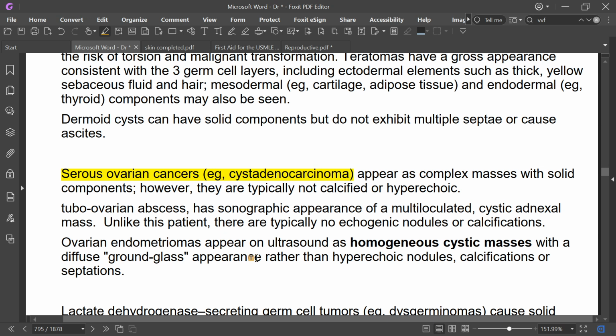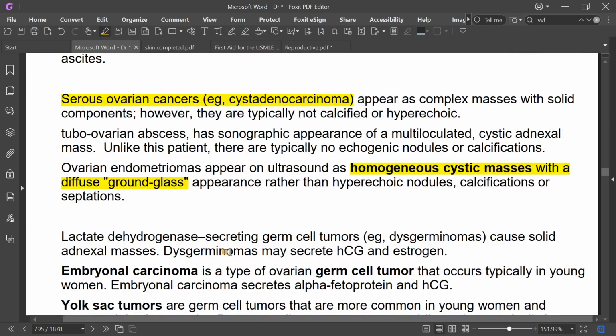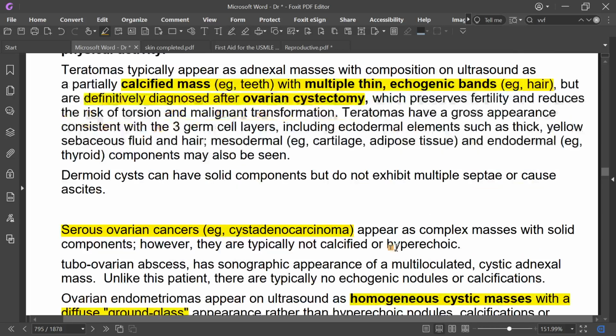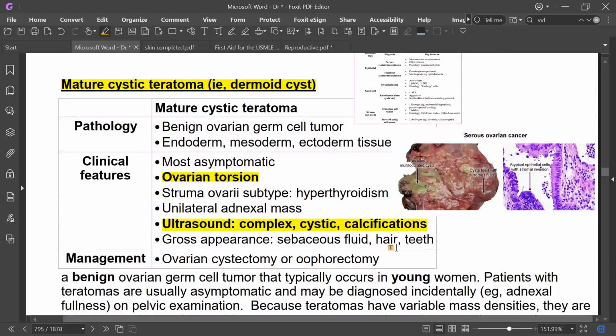Ovarian endometrioma: homogeneous cystic mass with a diffuse ground glass appearance. Ground glass appearance is ovarian endometrioma. LDH secreting tumor is dysgerminoma, where there is increased beta hCG and increased LDH.